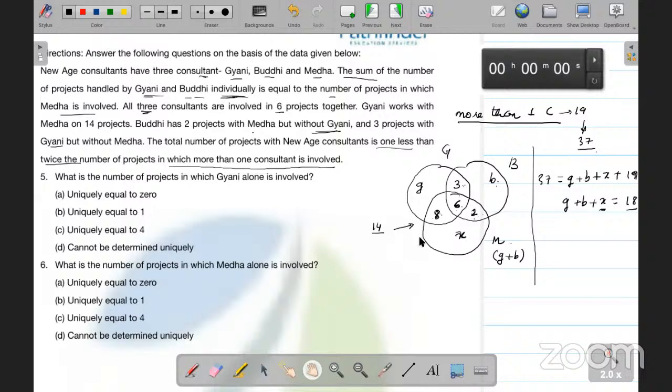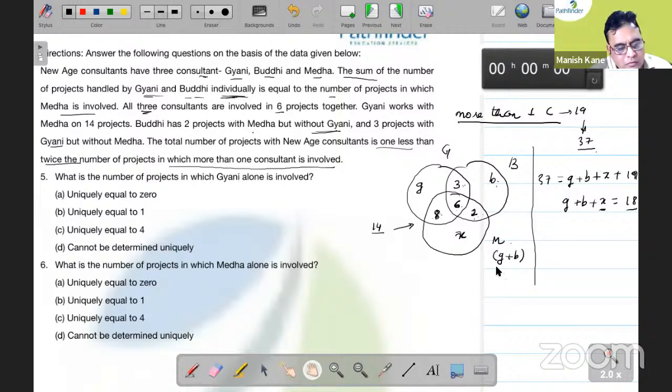See, what is the value of G plus B? Anyone who can give me the value of G plus B? 14 plus X, sorry, 16 plus X.